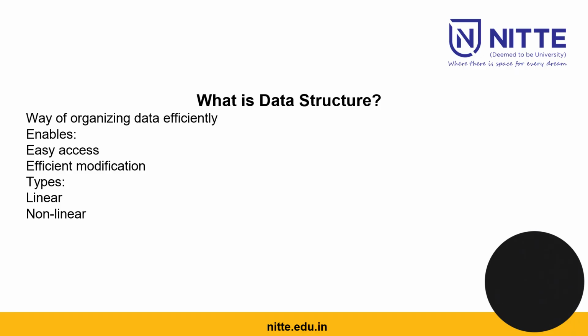Like that, we are going to organize data using data structures. Then, what are the uses of these data structures? This is very important. As I said, we go for arranging or organizing the data using data structures.